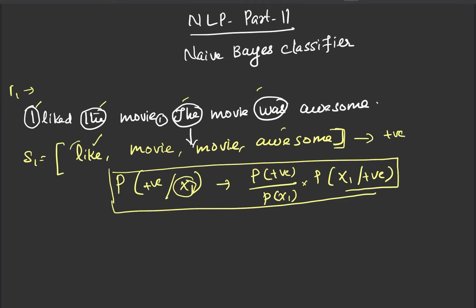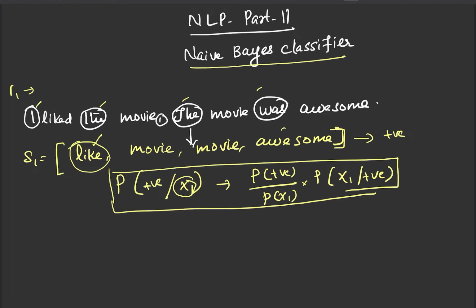Like would more probably indicate a positive sentence, awesome would also be more probably towards the positive sentence, but we are not sure about the movie. So, in order to include all those words in this Bayes formula, we use this Naive Bayes classifier. The basic assumption in Naive Bayes classifier is that each feature in this sentence is independent and there is no correlation between those features.